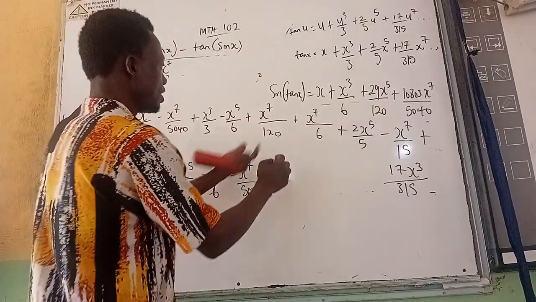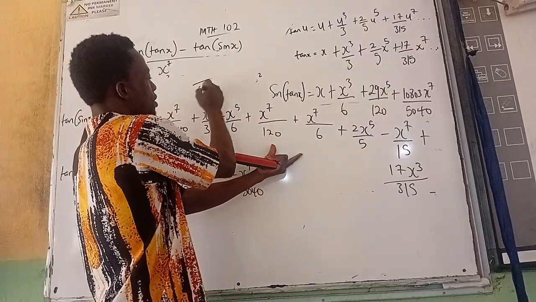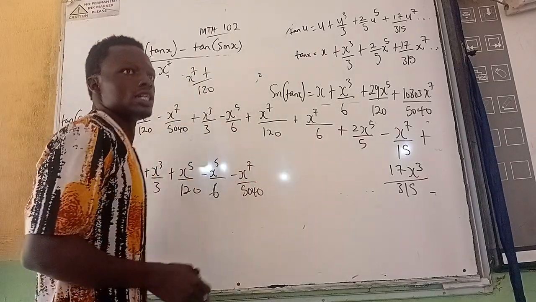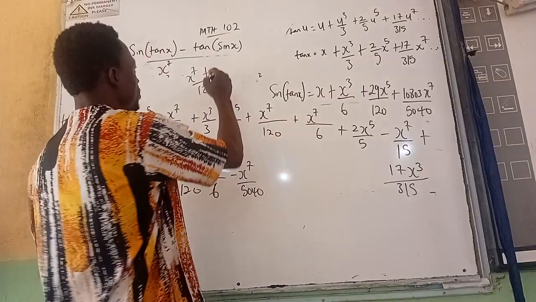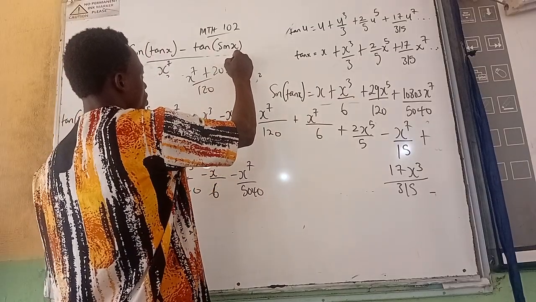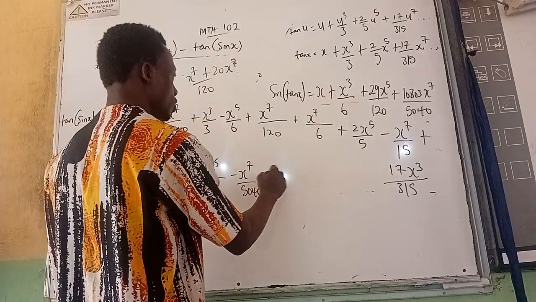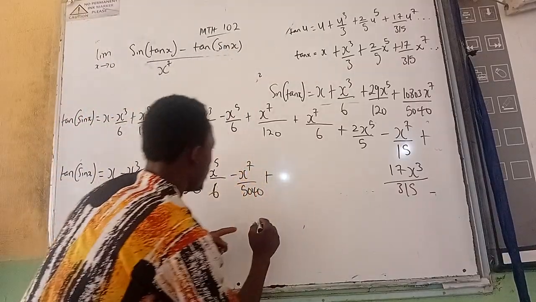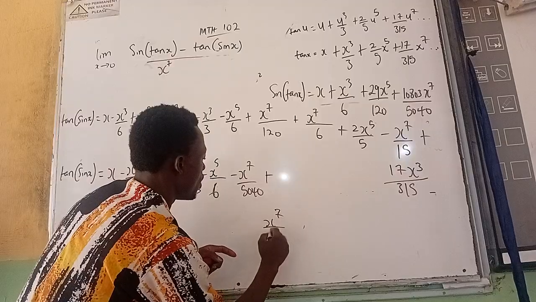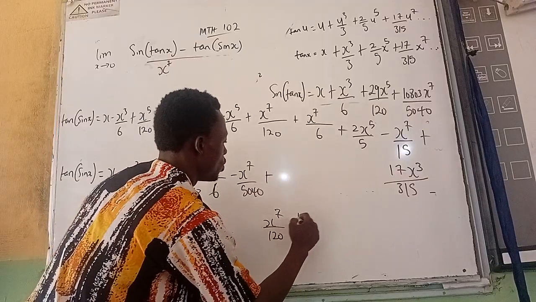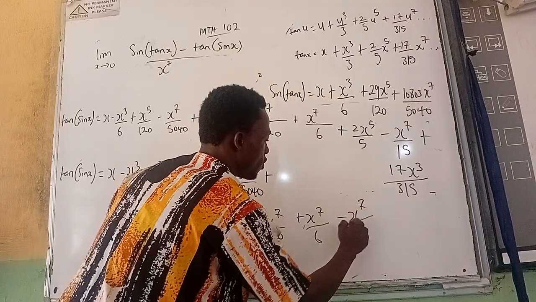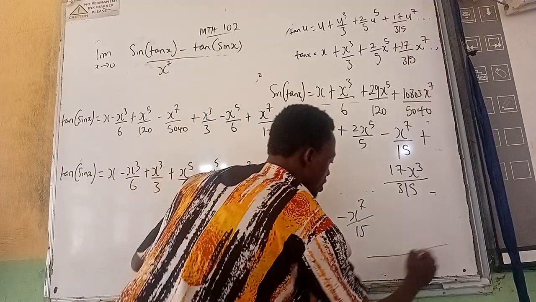Let's add it together. The x^7 here is over 120, right? This x^7 over 6, in 120, that's 20 times x^7. So this guy gives us plus 21. Okay. How many x^7 do we have? We have x^7 over 120 plus x^7 over 6 minus x^7 over 15. What's the LCM? 120.